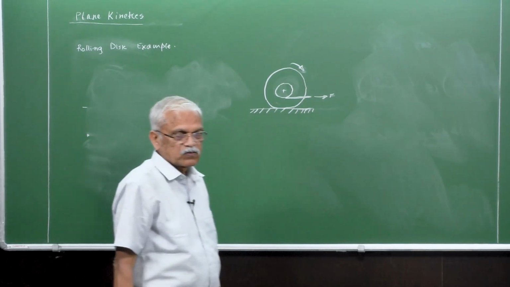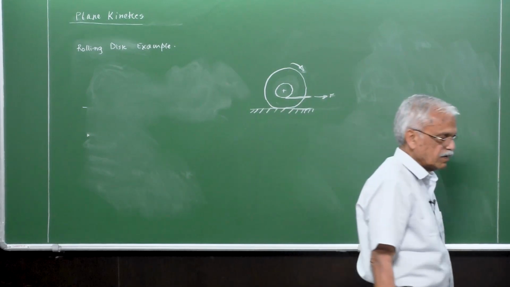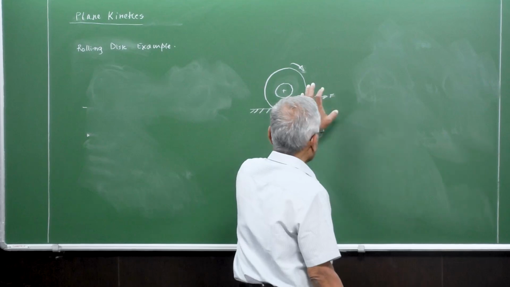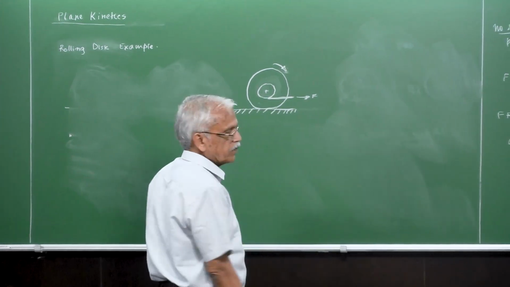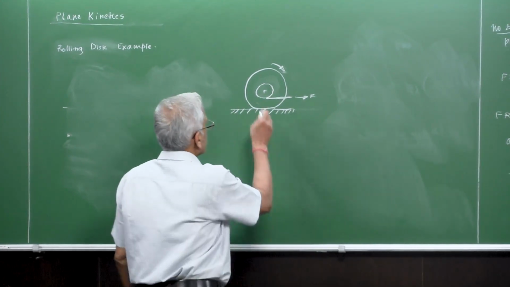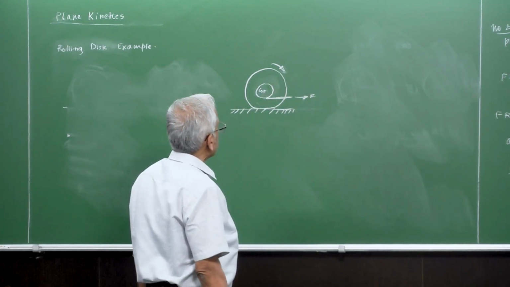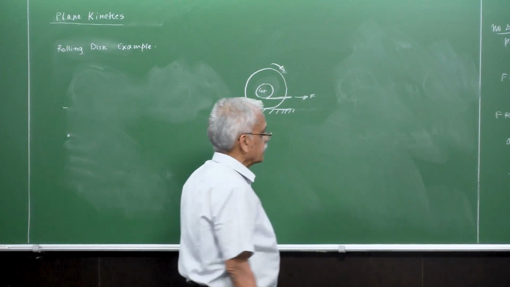Okay, so again here, obviously it starts rolling to the right side, with some linear acceleration for the point G and angular acceleration alpha for the whole thing.